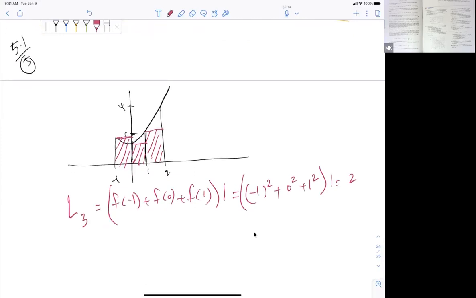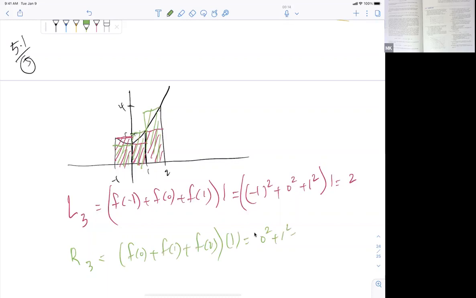If I do the right endpoint, R3, it's going to be f of 0 plus f of 1 plus f of 2 times 1. F of 0 is 0 squared, f of 1 is 1 squared, f of 2 is 2 squared, times 1, which is going to be 5.